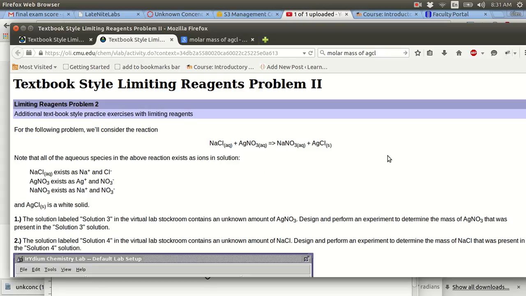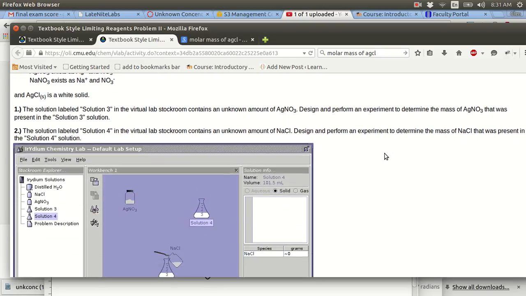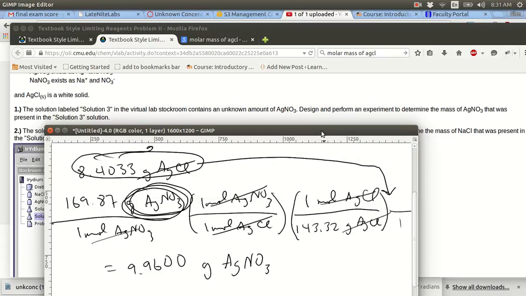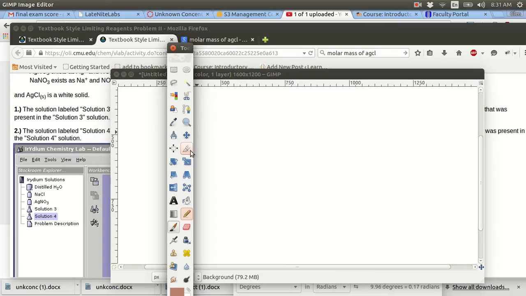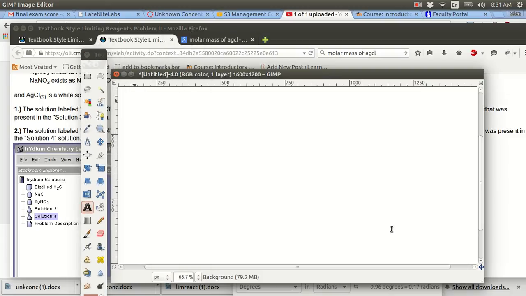Okay? Now, it is not enough to just give me the answer. I need to know what you did, right? It says design and perform an experiment. So you need to write the things that you did. And how would you write those things? Let me show you. You would take your Word document where you're writing your answers, and you would type something like this.